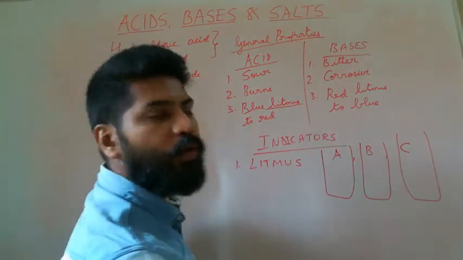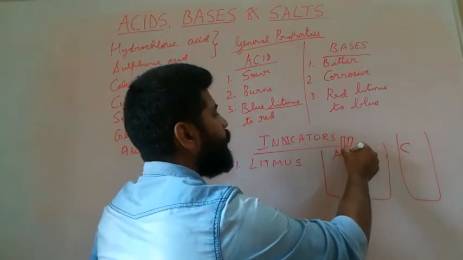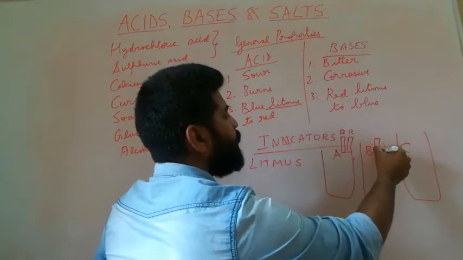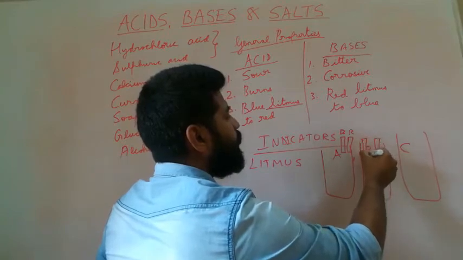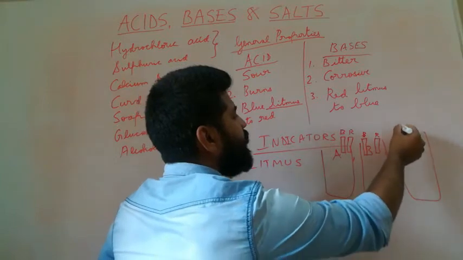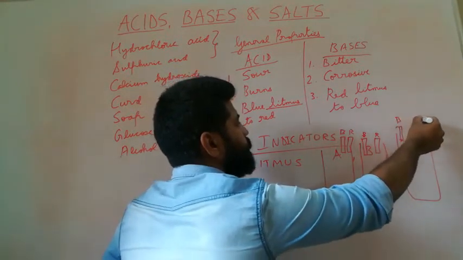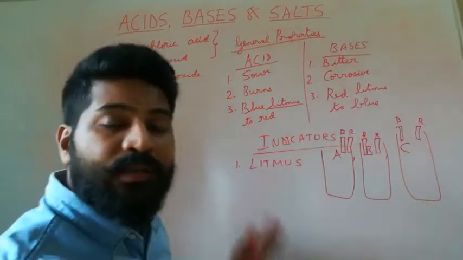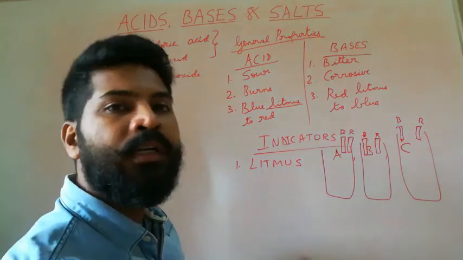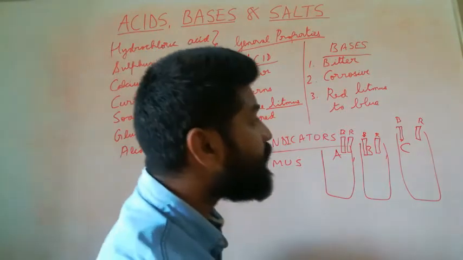So all you have to do is dip your litmus paper into it. So this is a blue litmus paper, this is a red. So dip both the litmus papers into the 3 given solutions. So whichever solution will change the color of the litmus paper, it will indicate the nature of the substance.